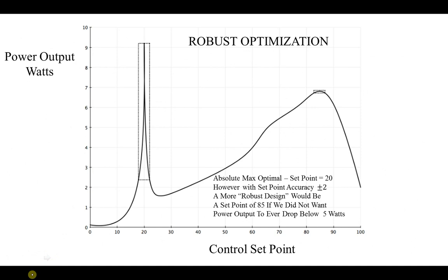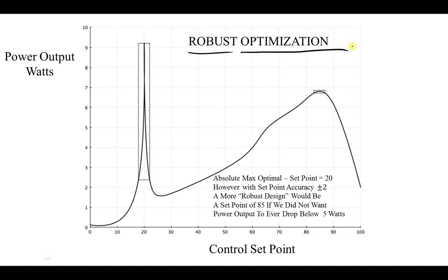The last thing I would like to mention before we end this video is to just look at a practical situation. This is not in your textbook, but we're talking here about the concept of robust optimization.